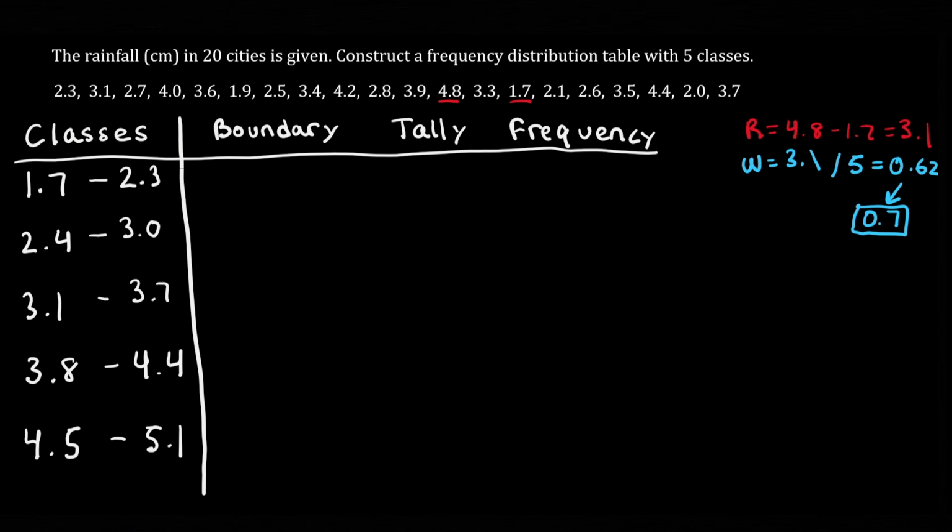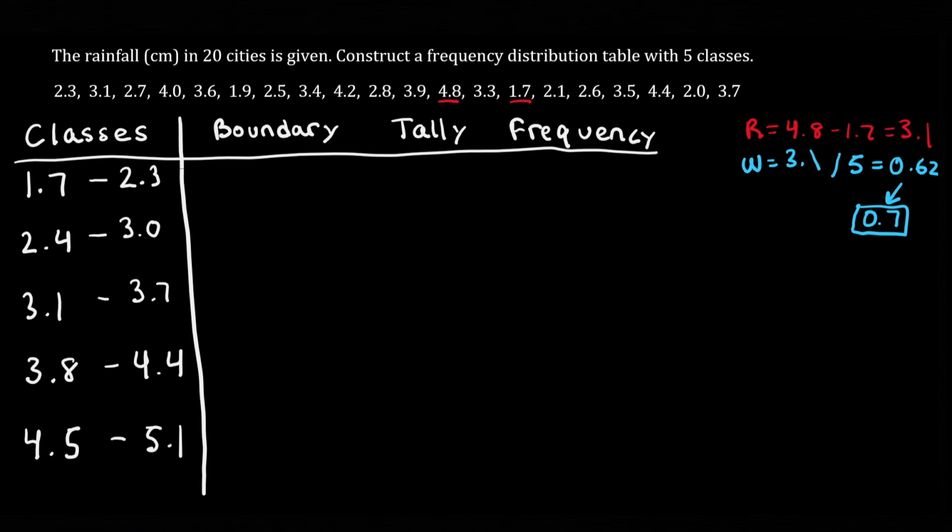We can see that there's a gap between each class. There's clearly a gap between 2.3 and 2.4, and 3 and 3.1, and so on. So if we want to use this table to create something like a histogram, then there will be a little gap between each box, which we don't really want.